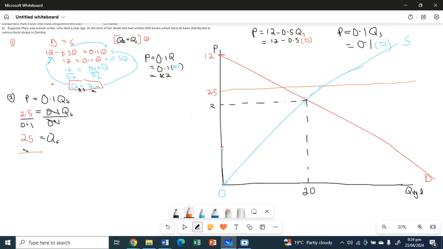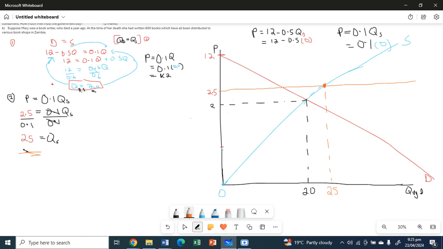The 25 million gallons which you calculated earlier is here, where this price floor cuts the supply equation. We have 25 million gallons of milk that is supplied.